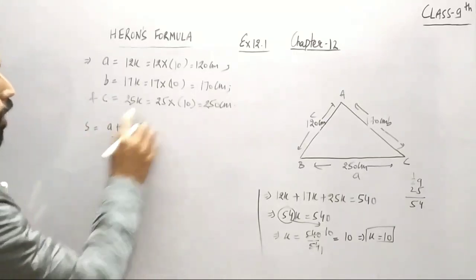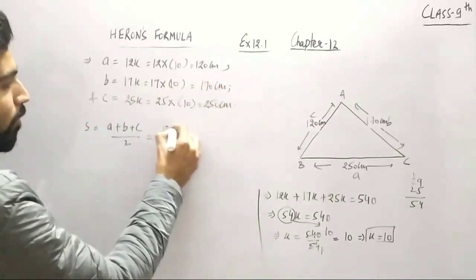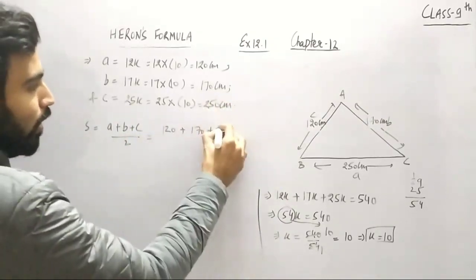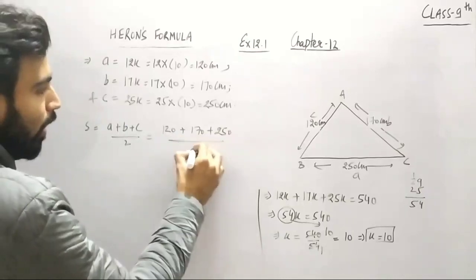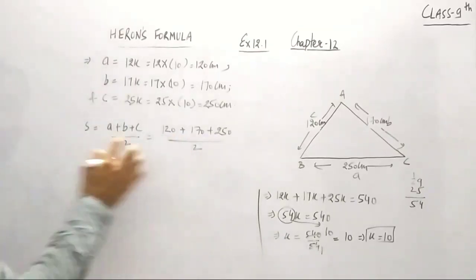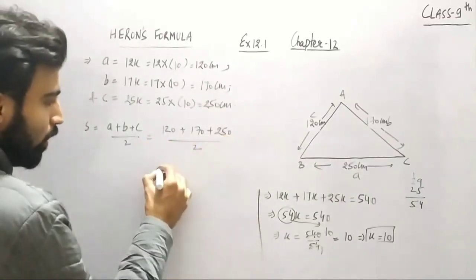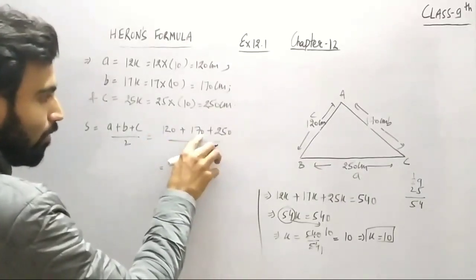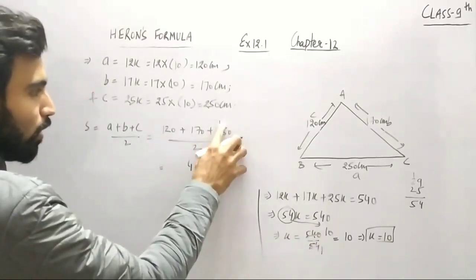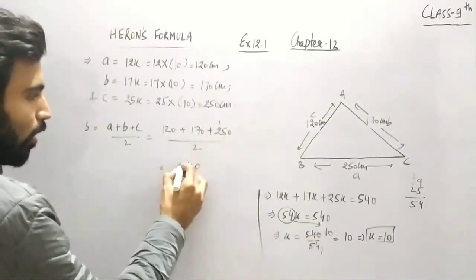So here the value of A is 120, plus the value of B is 170, and the value of C is 250, right? Divide by 2. Let me simply add them. 0 plus 0 plus 0 is 0. Then 5 plus 7 is 12, 12 plus 2 is 14. 1 carry, then 2 plus 1 is 3, 3 plus 2 is 5.